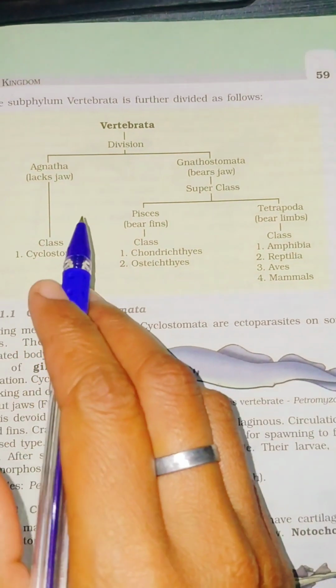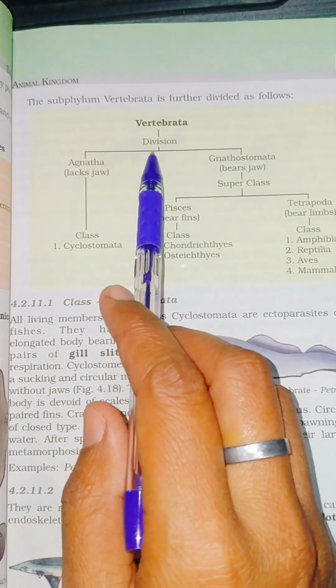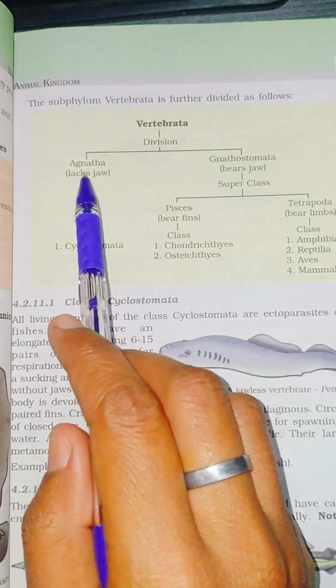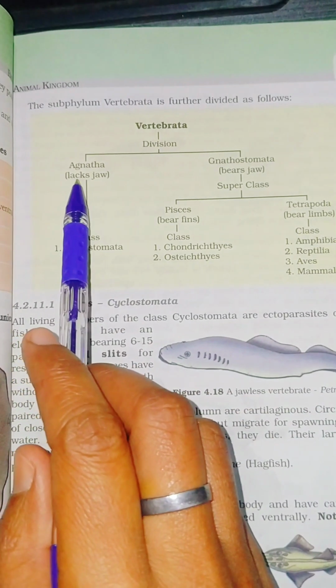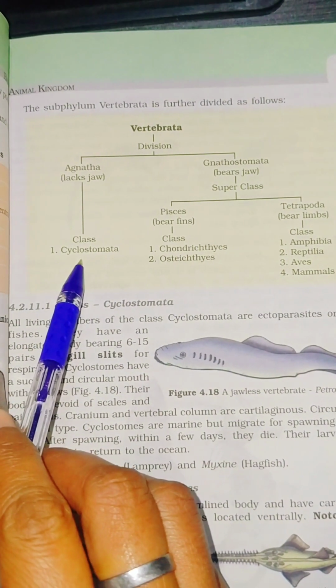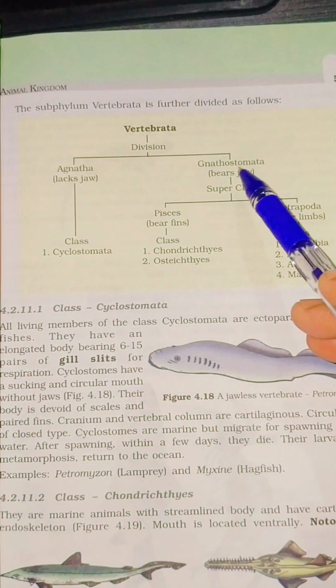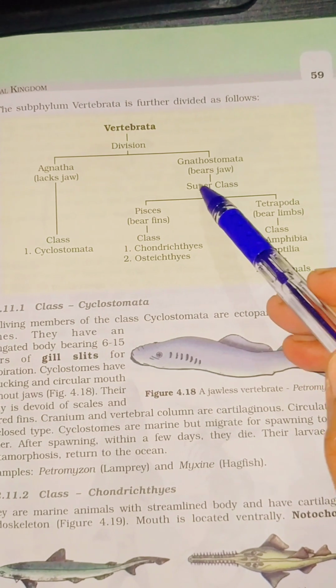The next flowchart is the classification of Vertebrata, and that is divided into two parts: Agnatha and Gnathostomata. The group Agnatha lacks jaws, and contains the class Cyclostomata of Vertebrata. The second group bears jaws. Obviously we humans are also in this group.